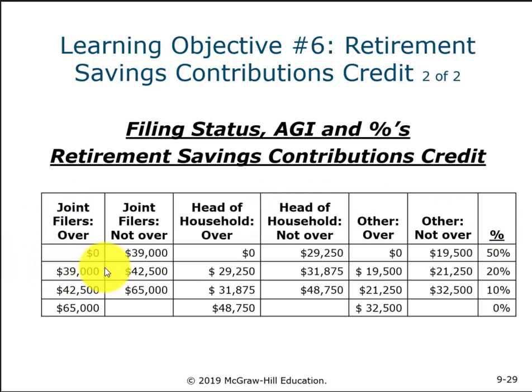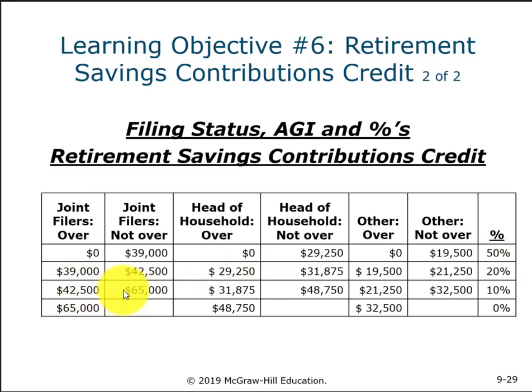If it's between those two, you get 20%. So look how much difference. Your income is $38,990. You get 50% of the amount you put into savings as a credit. If it's $39,020, your credit goes down to only 20% of what you put in.